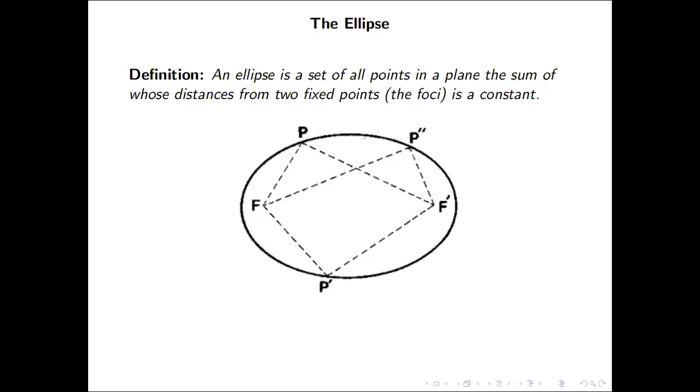So what is an ellipse? An ellipse is a set of all points in a plane, the sum of whose distances from two fixed points, again the foci, is a constant. In other words, the sum of distances from the two foci does not change.